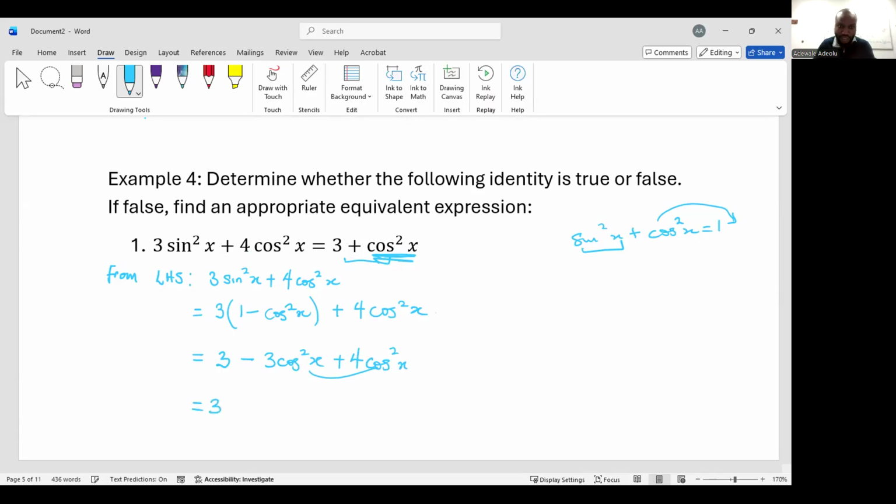So that will be plus 1 cosine squared of x, which is exactly what I have here.